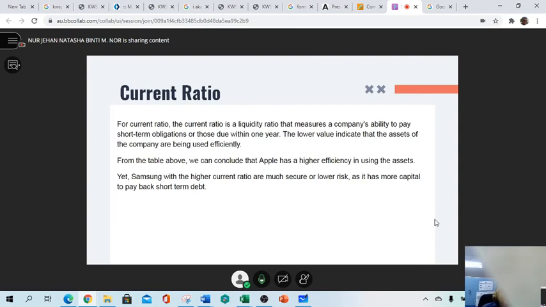So to indicate the assets of the company are being used efficiently, they conclude that Apple has a higher efficiency in using the assets. Yet, Samsung with the higher ratio is much bigger or lower risk as it has more capital to pay back short-term debt.